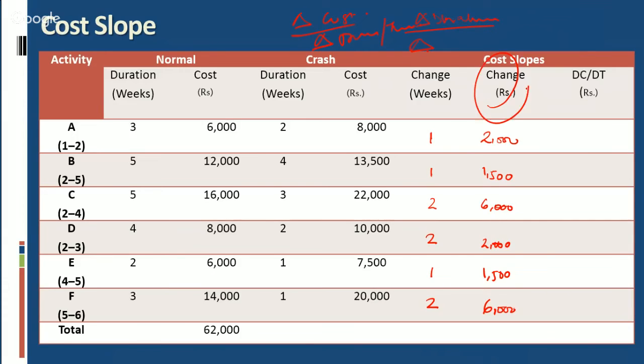This is our additional cost to reduce this time period. And the cost slope will be this divided by this: 2000, 1500, 3000, 1000, 1500, and 3000.